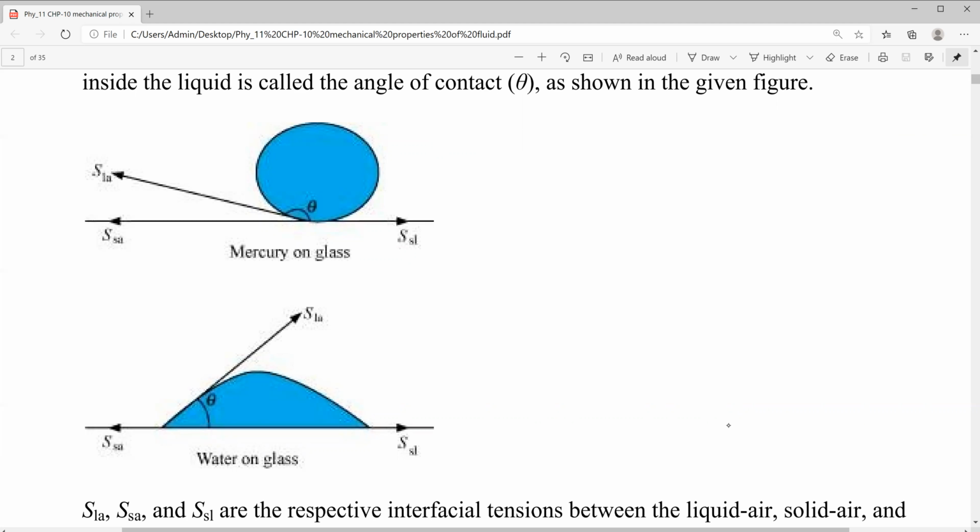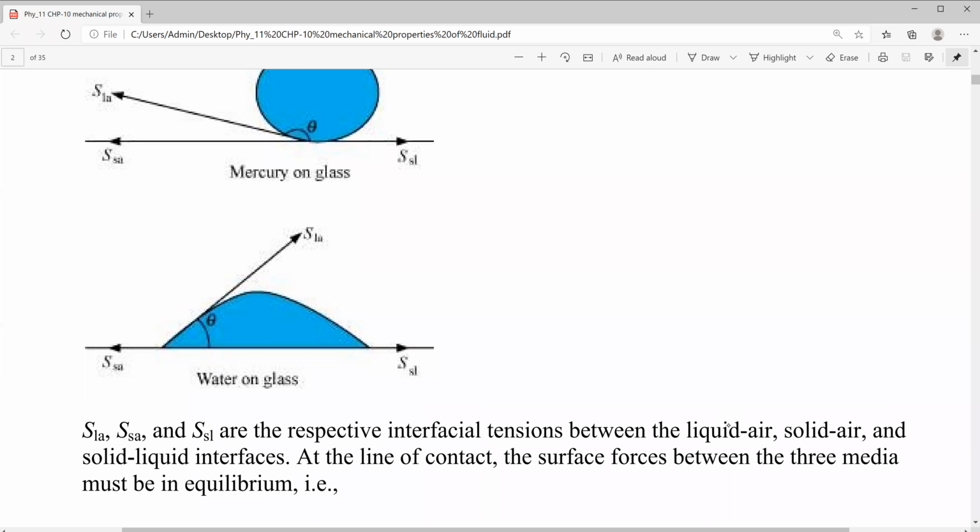From this diagram, SLA, SA and SL are the notations used to represent: SLA means the liquid-air interface, SA is solid-air, and SL means the solid-liquid interface at the line of contact.